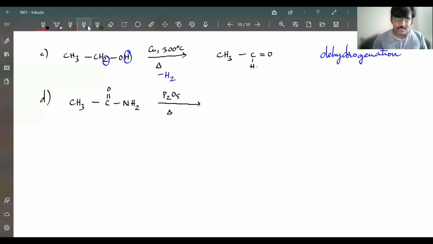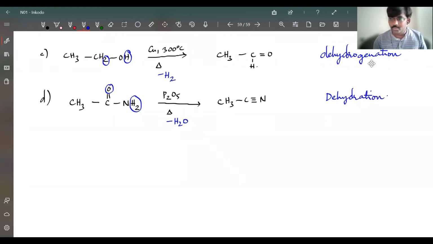So from this compound a water molecule will be removed, and this will produce CH3CN, C triple bond N, methyl cyanide. Here, minus H2O happened. So this particular process we call a dehydration reaction. Hydra means water, dehydration means removal of water.